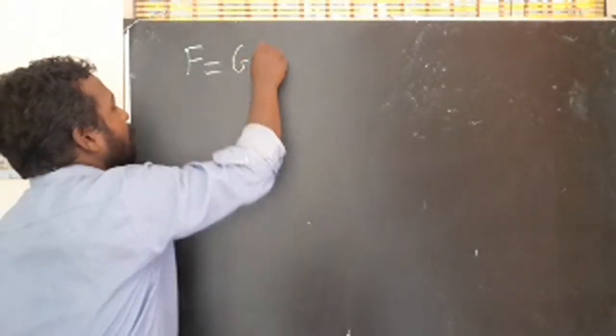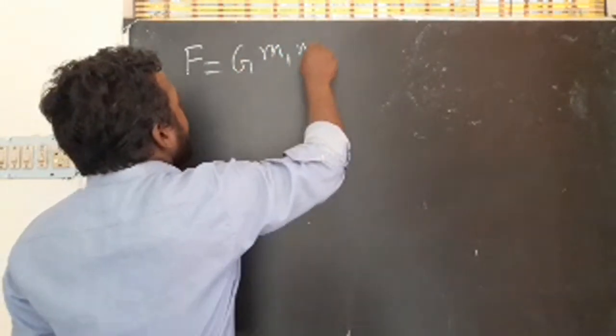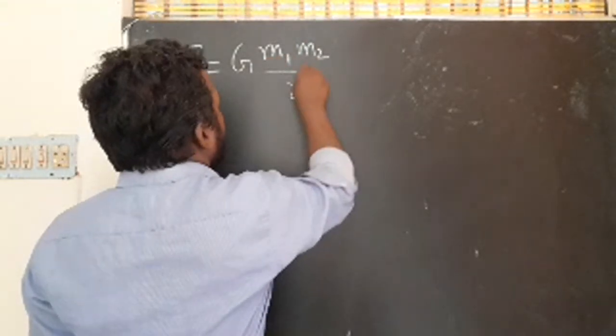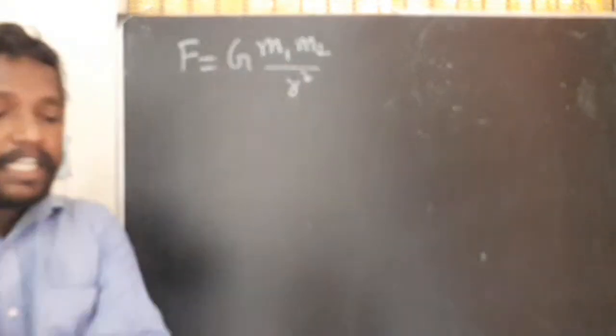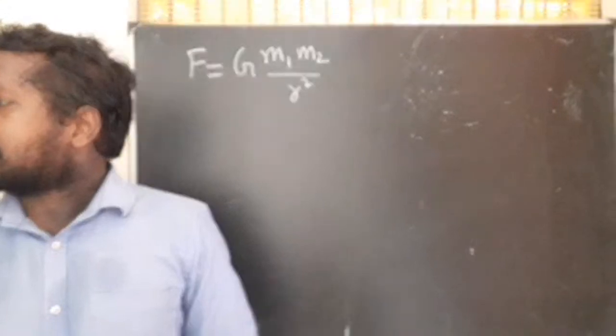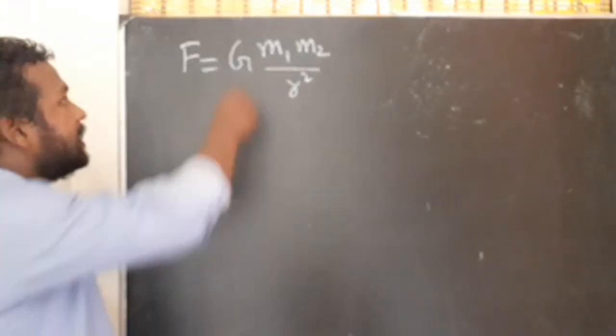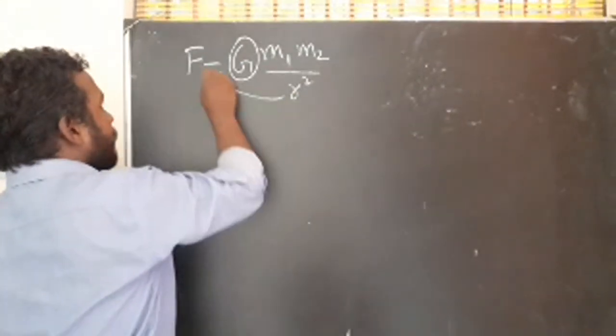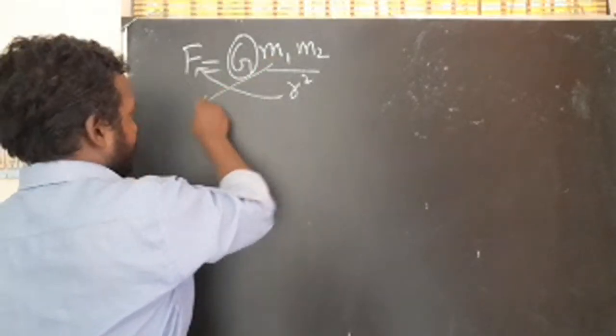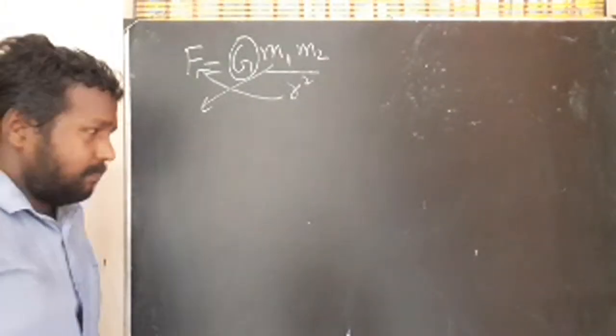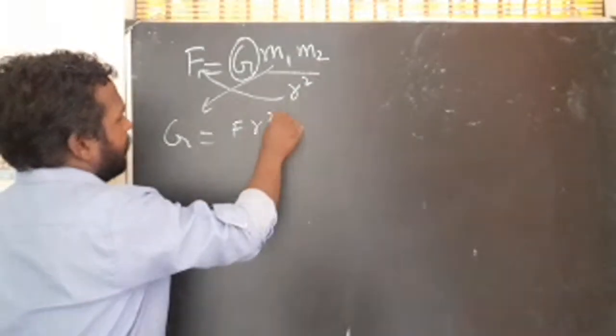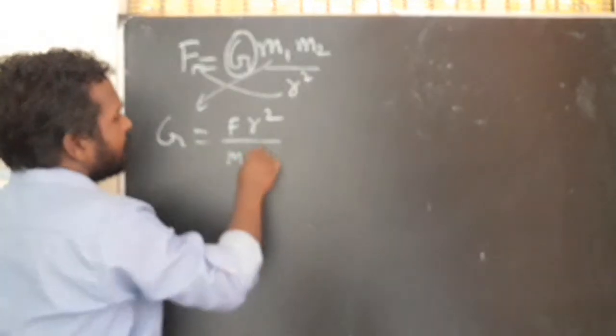The universal gravitation force F is equal to G times m1 m2 divided by r square. G is the universal gravitation constant, and I am going to find the dimensional formula of G. R you can take to the numerator, mass to the denominator. So capital G is equal to F r square divided by m1 into m2.